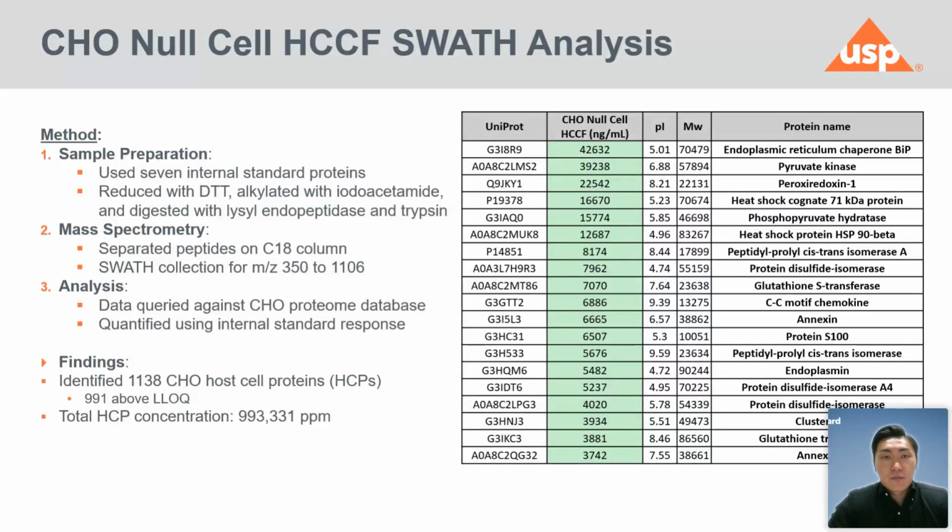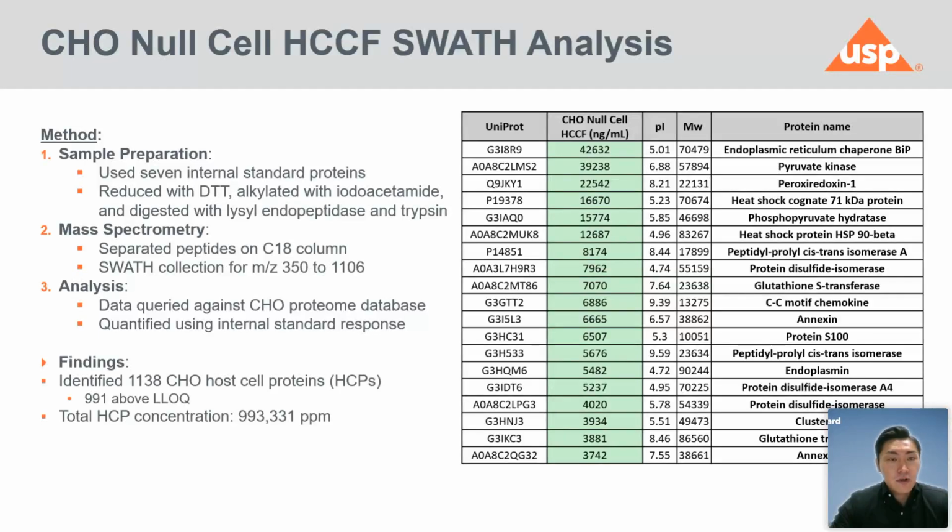Lastly, we also performed a LC-MS/MS SWATH analysis on this reference material. So the method used here involves sample prep, which used 7 internal standard proteins, reduced with DTT, alkylated with iodoacetamide, and digested with lysyl endopeptidase, as well as trypsin.